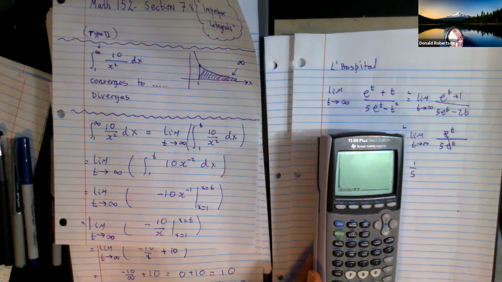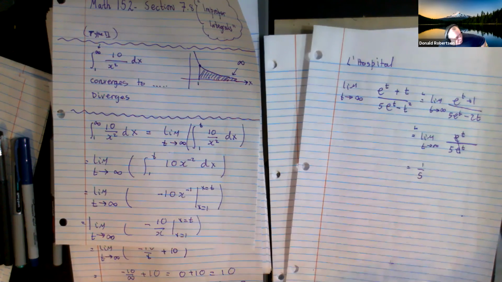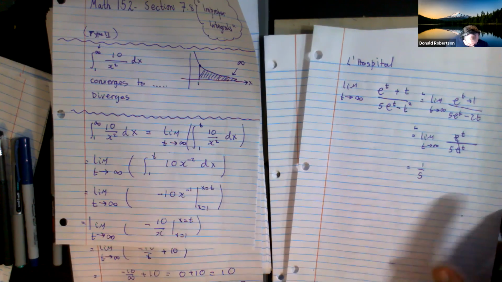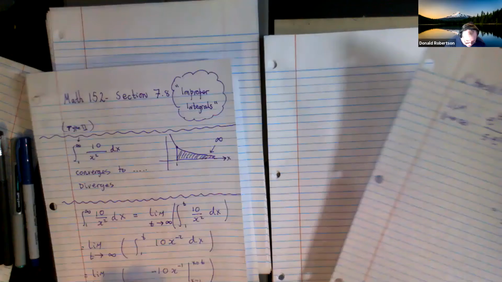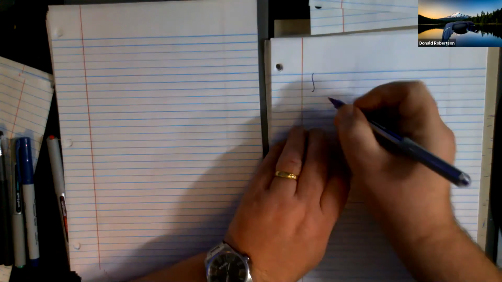I don't know how convincing that argument was. I think my graph wasn't great, but you can't win them all. Have I convinced you then that 10 works? Right, this process does what it says it does. So let's try another one. Let's do an integral from, who cares, 2 to infinity.